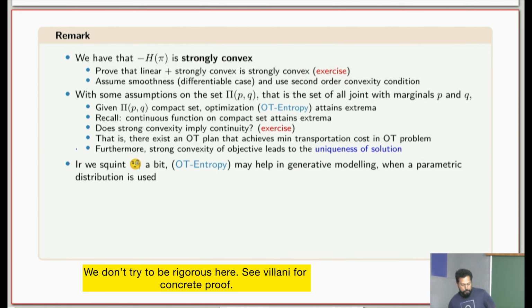If we squint a bit, the OT with entropy may help in generative modeling. You may look at the optimization problem. It's like a KL divergence. You may even think of the beginning classes, where we were doing this KL, where we had pi, we had P, and we were looking for Q theta.